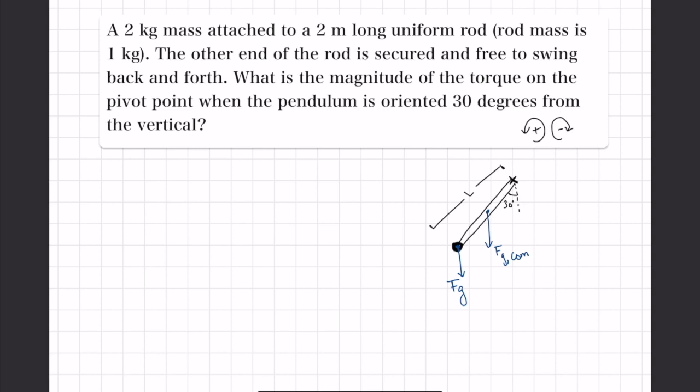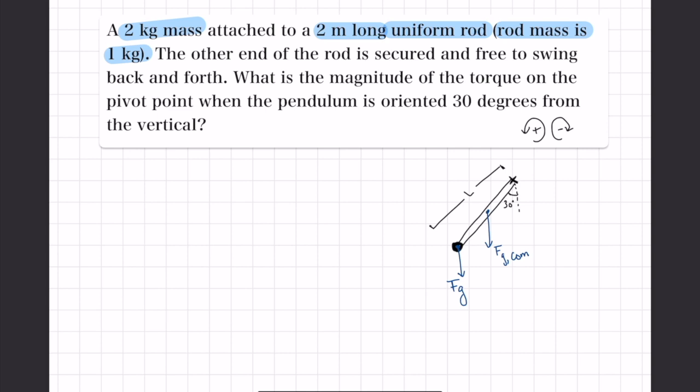So now we'll go ahead and just highlight some of our given values. So we've got that the mass is 2 kilograms, the rod is 2 meters long, it's uniform, and the rod mass, and then the 30 degrees is already put on the picture. And just because we're always being careful with our theta for these torque problems and that cross product, I'm not going to highlight that and give it a label.